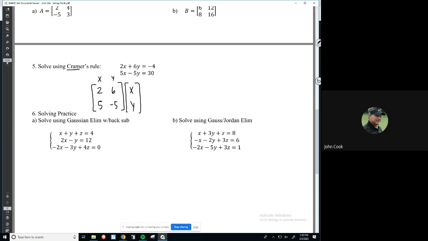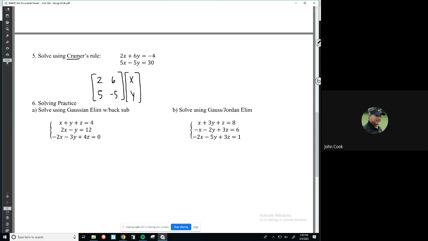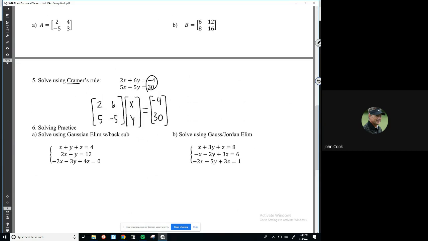So if x comes first and then y, x needs to be on top and then the y. This will be helpful when we have multiple variables coming up soon. And then that'll be equal to the solution matrix that we have over here, -4 and 30. So this is a column with those 2 values at the very end.